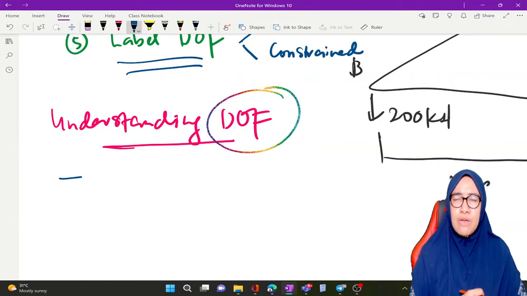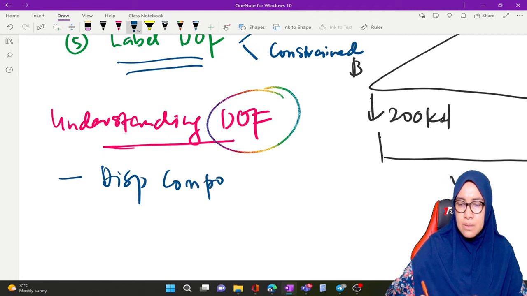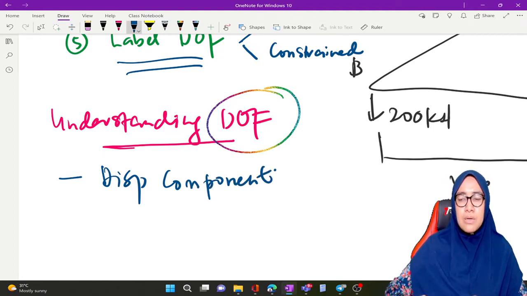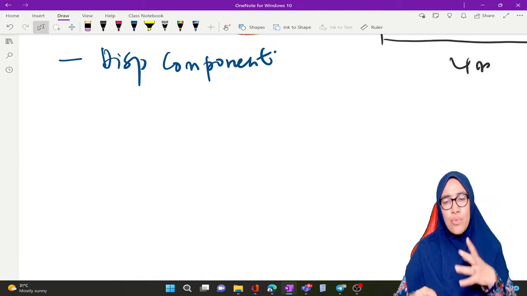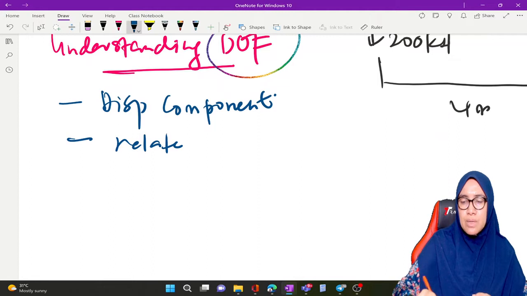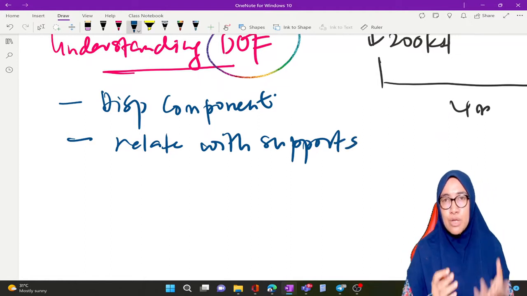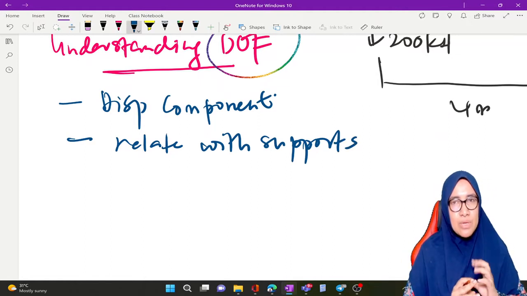Maybe in diploma you have also learned about degree of freedom, but maybe you did not recognize it as degree of freedom. The displacement component relates with the support condition or boundary condition, just now.